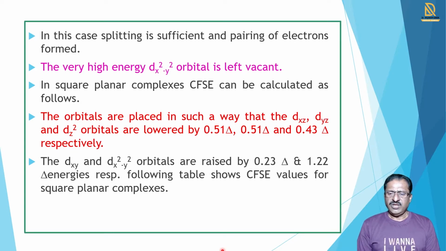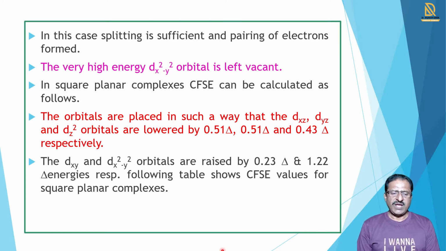This means the dxz, dyz orbitals are lowered by 0.51 delta and the dz square orbital is lowered from the average energy by 0.43 delta.